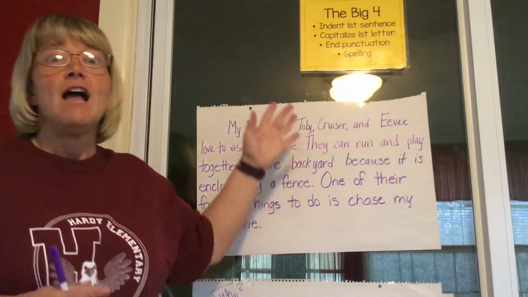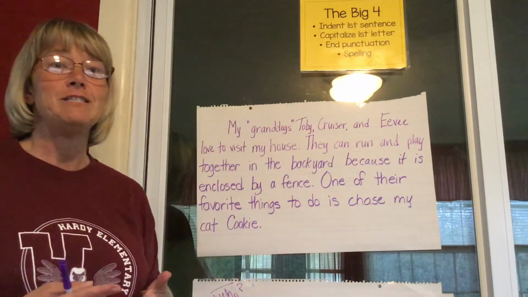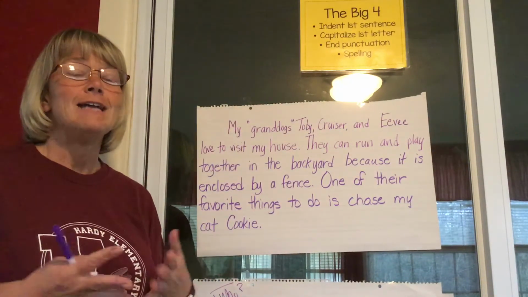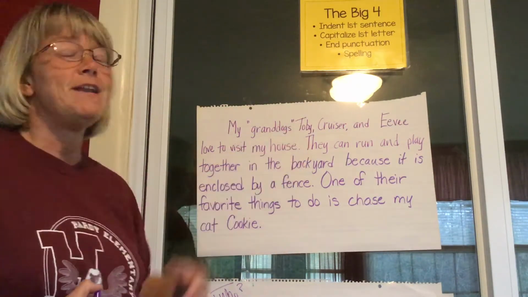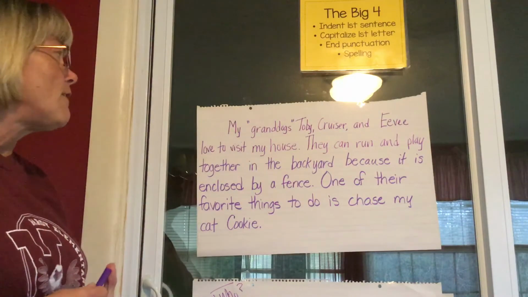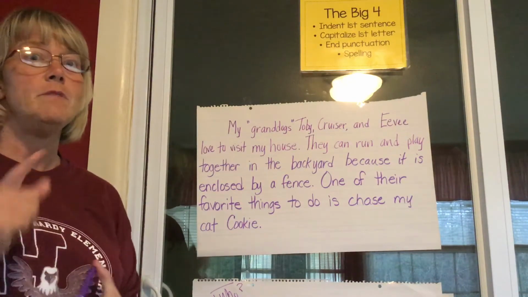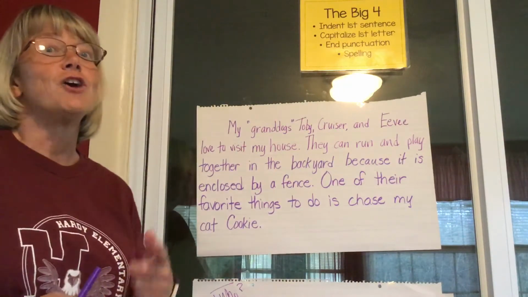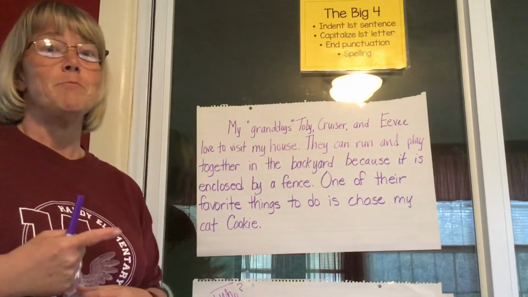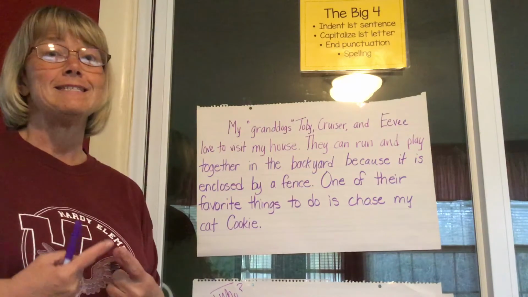So right there, I've set up the beginning of my story. I tell you guys stories about my granddogs all the time. You know they don't get along. You know they love to run and play. Now, next thing you're going to want to do is start in the next paragraph. You're going to build up more excitement.